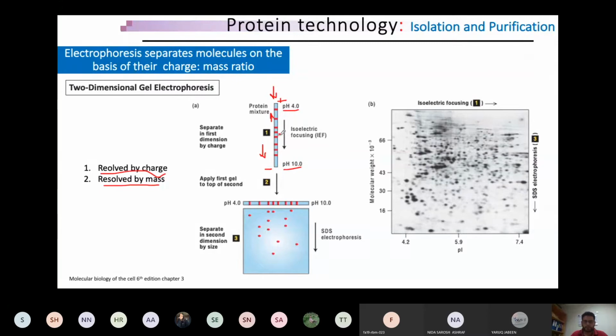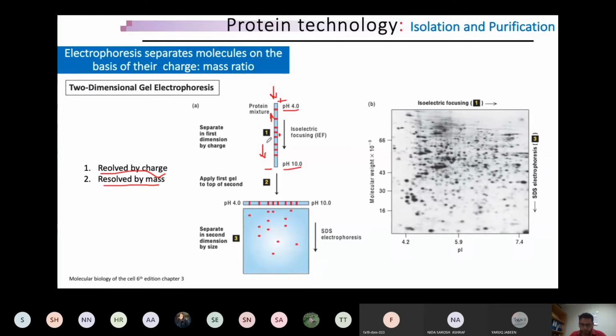For example, if a protein you loaded onto the gel is neutral at a neutral pH, it will be here. There might be proteins made up of more acidic amino acids, and because of these acidic amino acids, these proteins have a net positive charge. So if you load it onto the gel, it might move to this end.